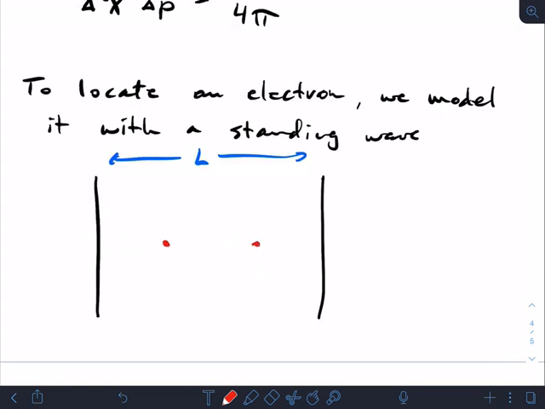Right here, that's 0. So anything above or below that line, you're likely to find a particle.